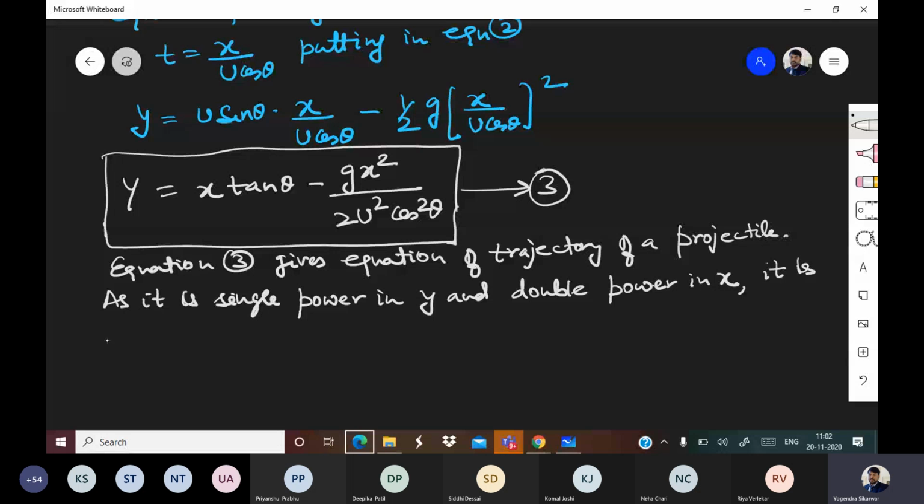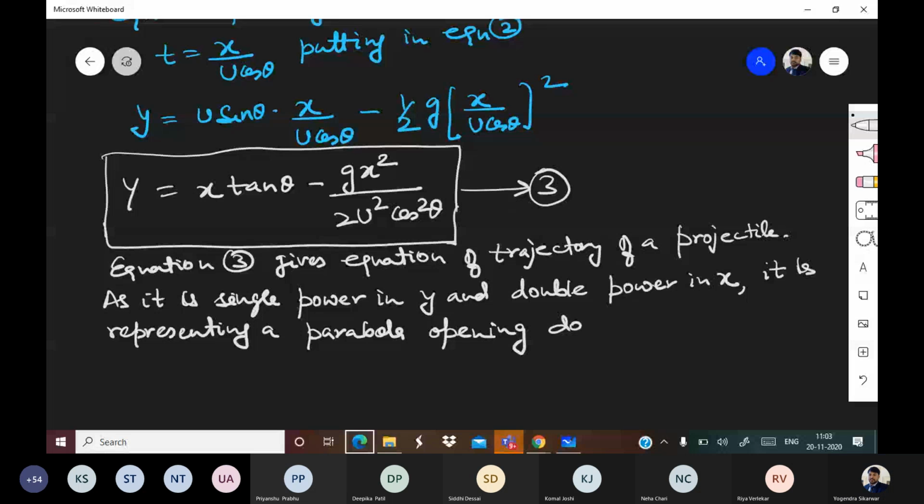It is representing a parabola opening downward. Why downward? Because coefficient of x square is negative. Parabola opening downward. Okay, understood.